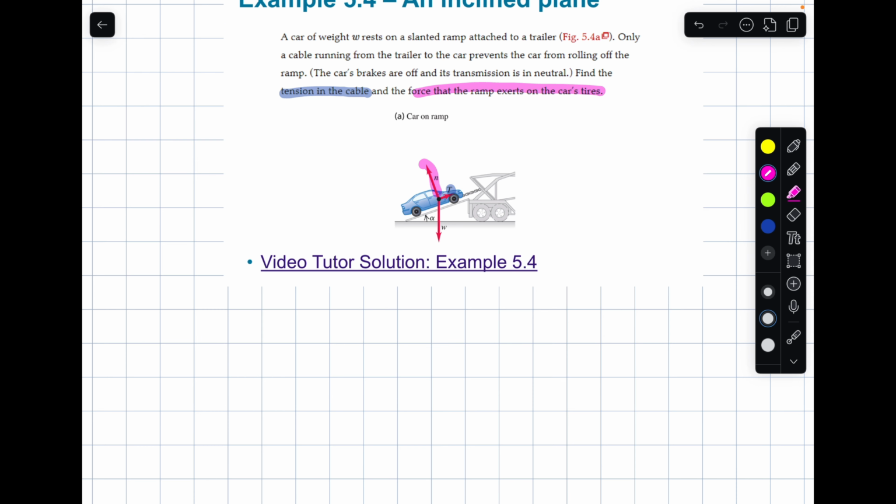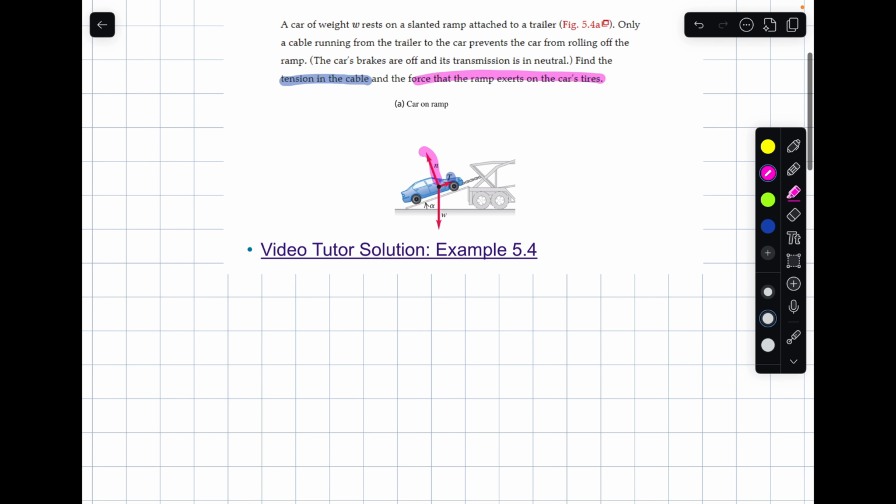The normal force is the force of the surface exerting onto you. And so the tires are in contact with the surface of the ramp, so the normal force will be the force of the ramp on the tires. So nothing's moving, right? So we're going to apply Newton's first law in the X and the Y.